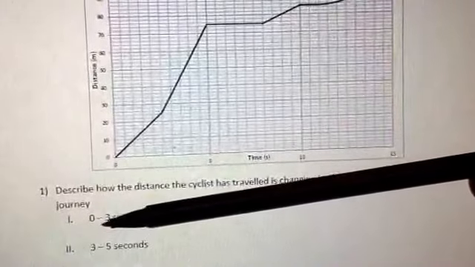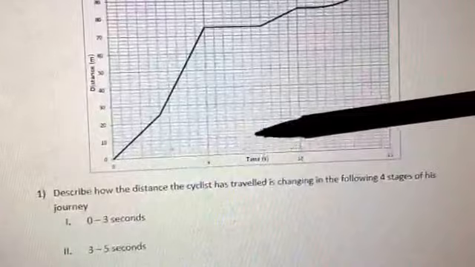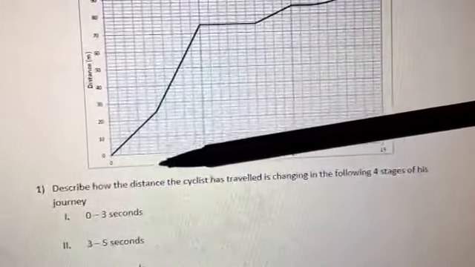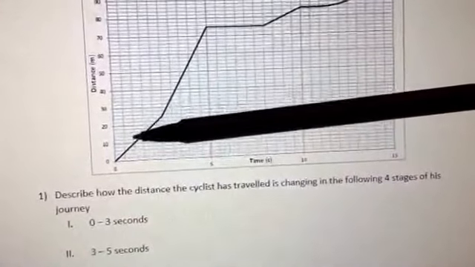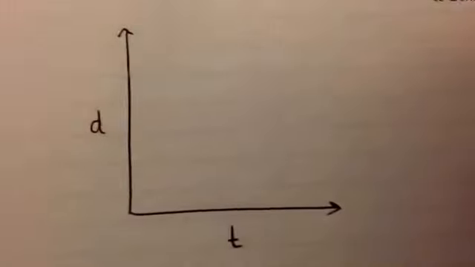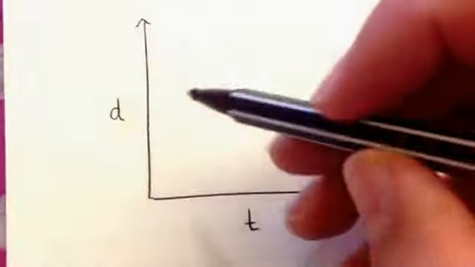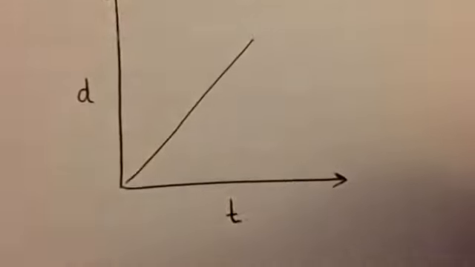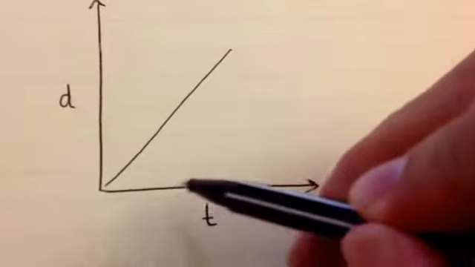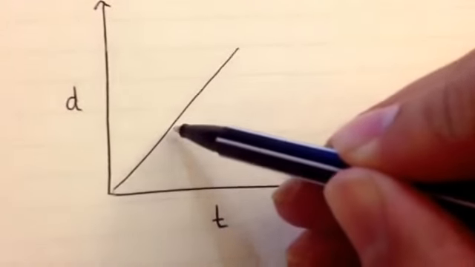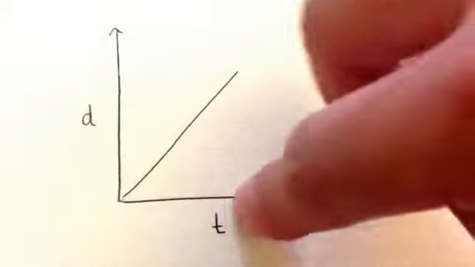The first stage is 0 seconds to 3 seconds. So we're looking at time from 0 seconds to about 3 seconds is here. We're talking about this part of the graph. If we look at our notes on distance time graphs, we'll notice that when you have a slope like this, this is saying that over some time the distance or position is changing, meaning, for example, someone is moving.